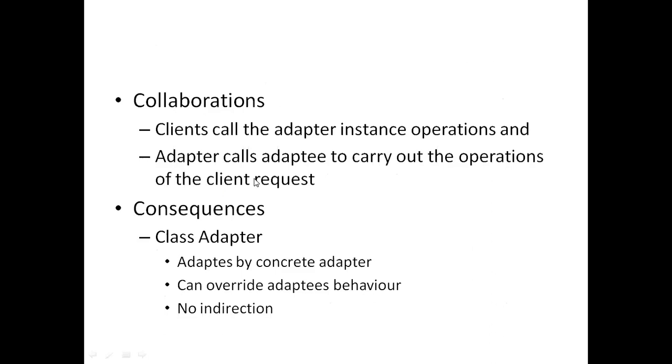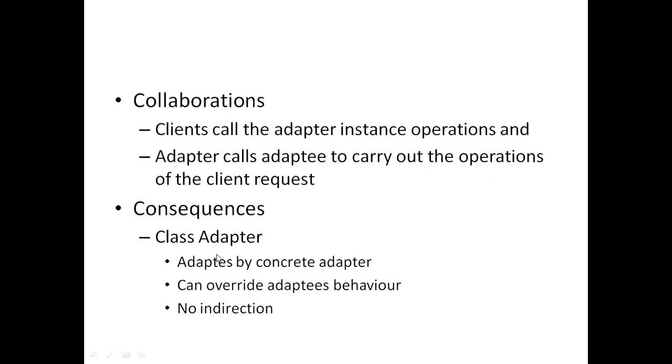Collaborations, that is how they interact with each other: the client or application calls the adapter instance operation, which always remains the same, that is, the interface remains the same. Even if the interface changes, the adapter will call the adoptee to carry out the changed operations.